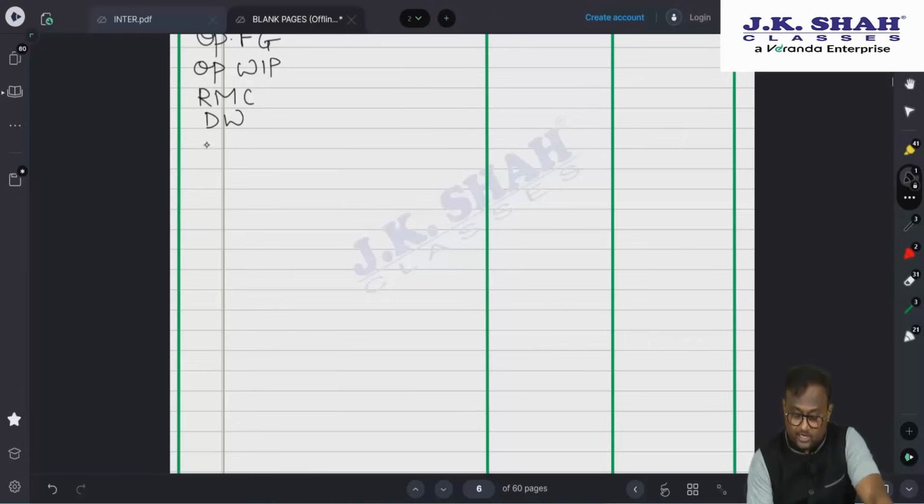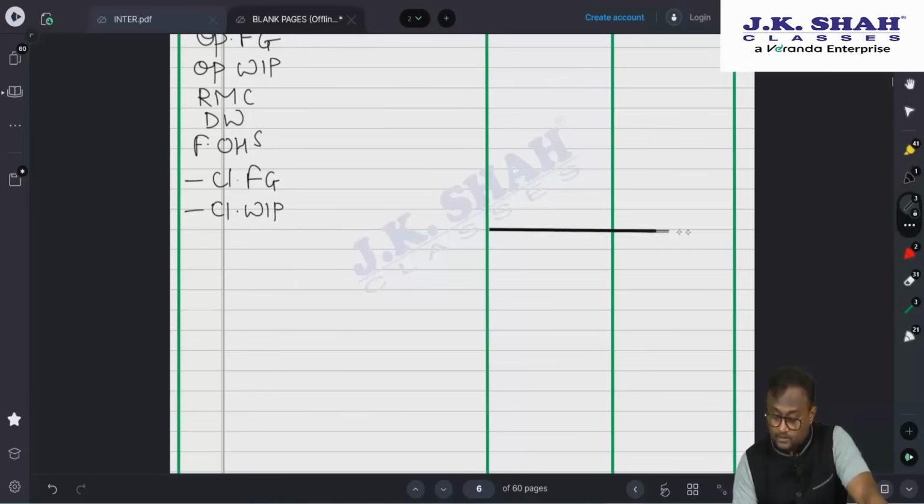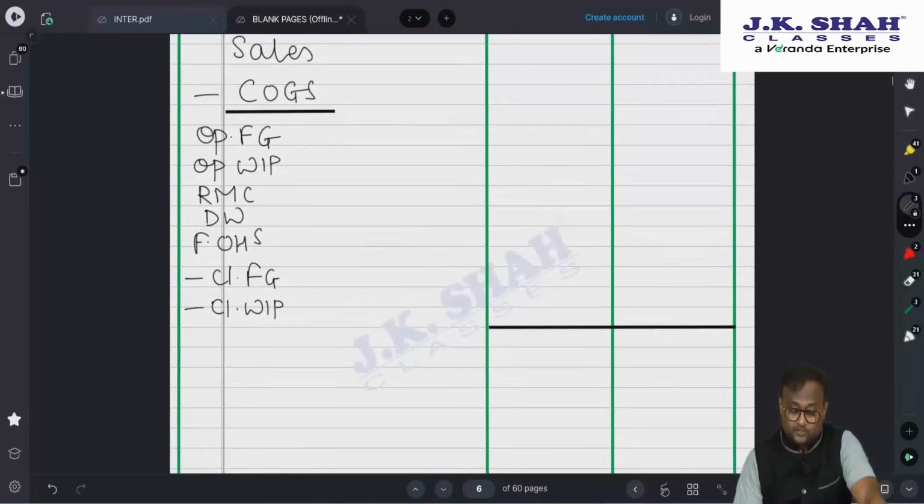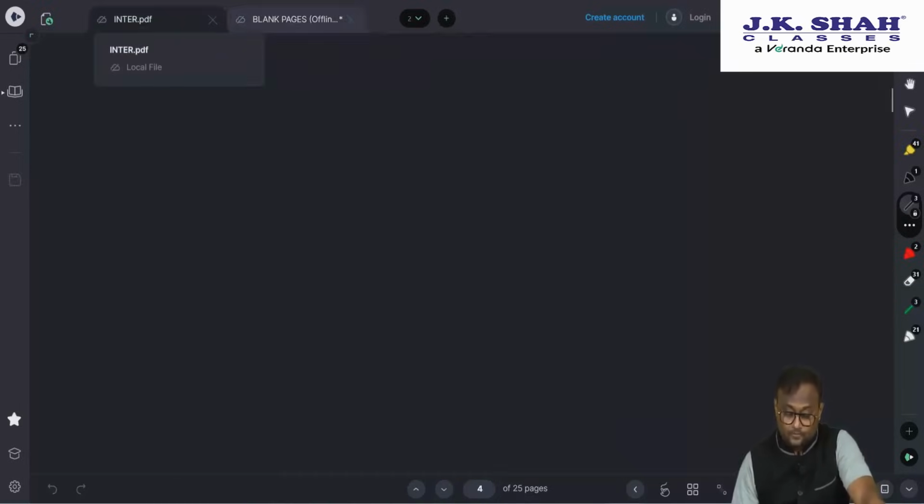We don't have direct expenses, so we will directly add factory overheads and then we will subtract closing stock of finished goods and closing stock of WIP. This will give me cost of goods sold, and if I subtract cost of goods sold, I'll be able to get gross profit. Now let's find out these figures.